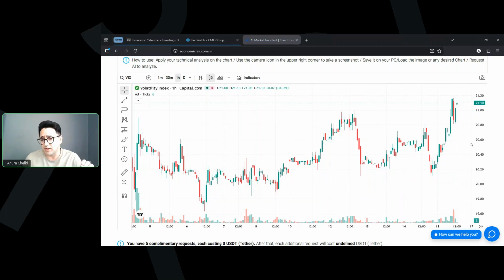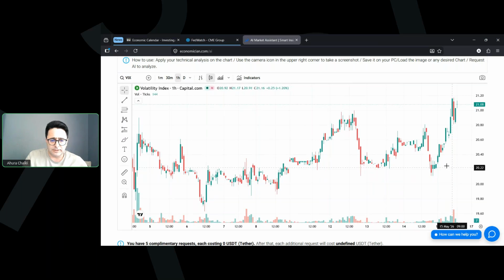Whether the economy is positive or negative, it's not the first priority. The first priority is what investors and traders are thinking about it. So that's why the most important chart in the financial market to check is this chart, the VIX, the Volatility Index chart.